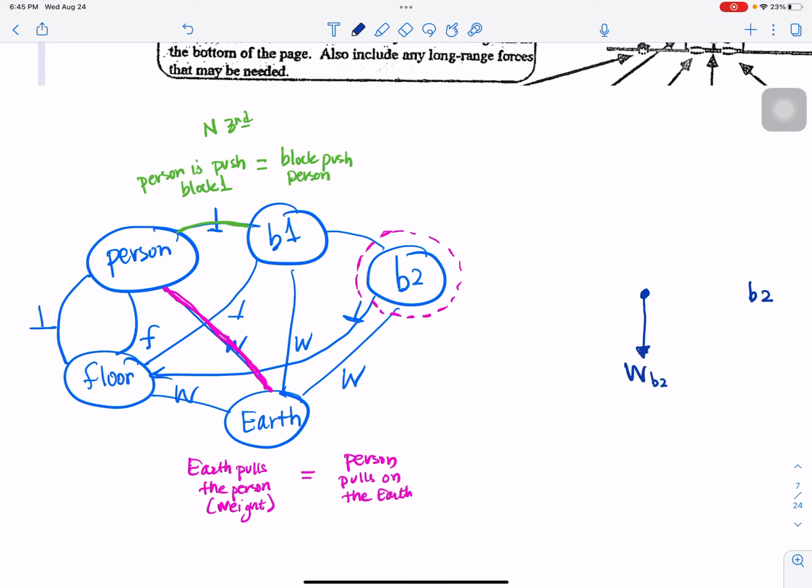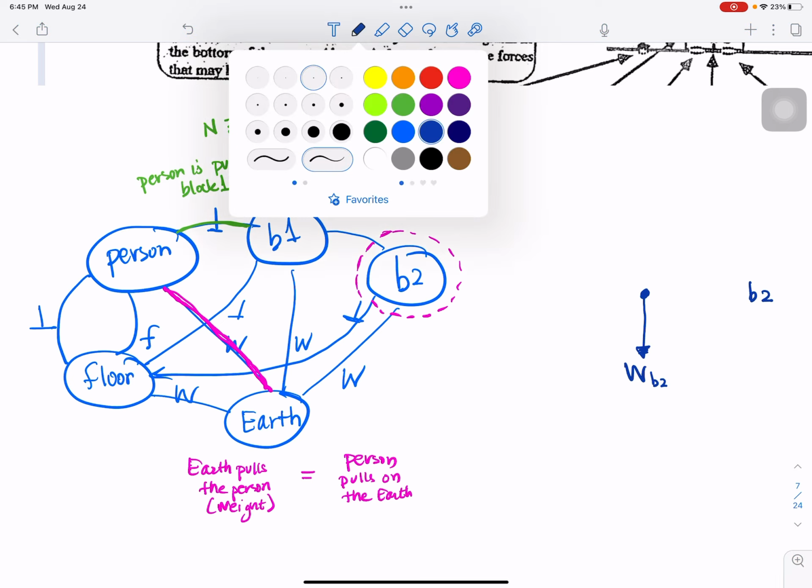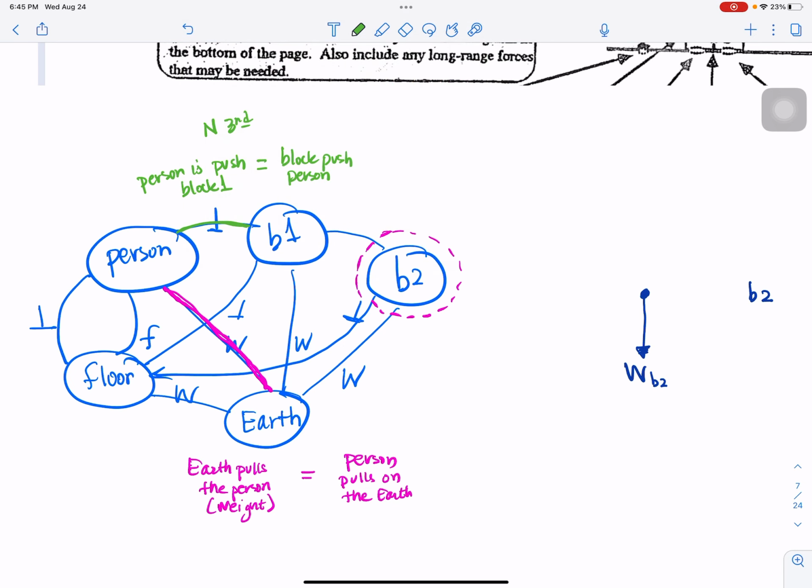Now, we need to think about equilibrium. So we're going to ask the question, I'm going to do it in this green color. Is block 2 in equilibrium? And so we have to ask, is it moving in the vertical direction? So moving in vertical, and we're going to say no. So that means we have equilibrium in vertical.